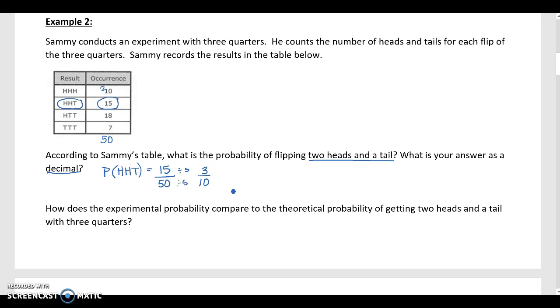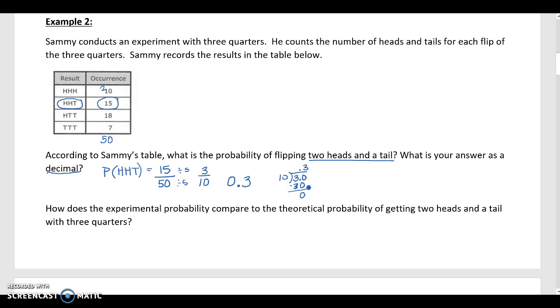So 3 over 10, you can either do top and bottom out, or you should know that if a 10 is on the bottom, it means it's in the 10th place, and it is 0.3. So 0.3 is the probability, or you could do 3 divided by 10. You'd put your decimal there. This is 30. 3 times 10 is 30.